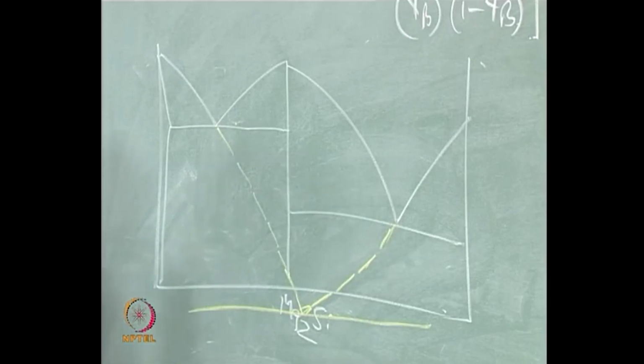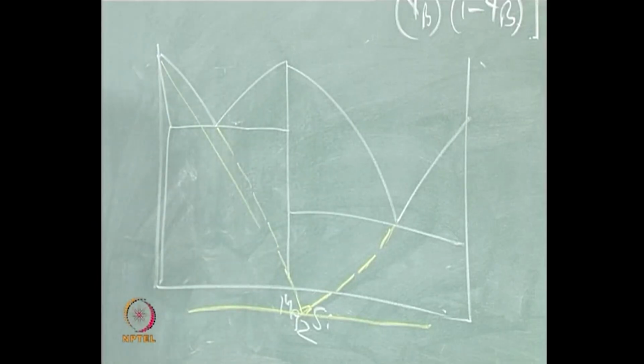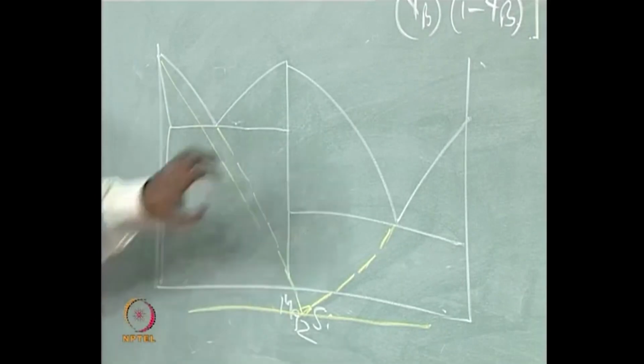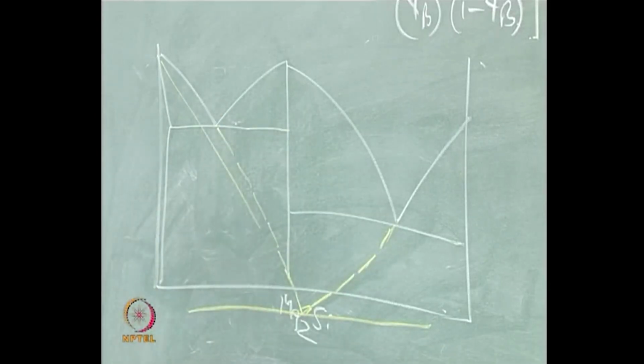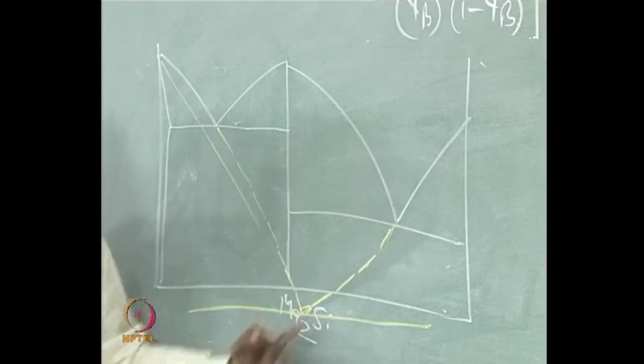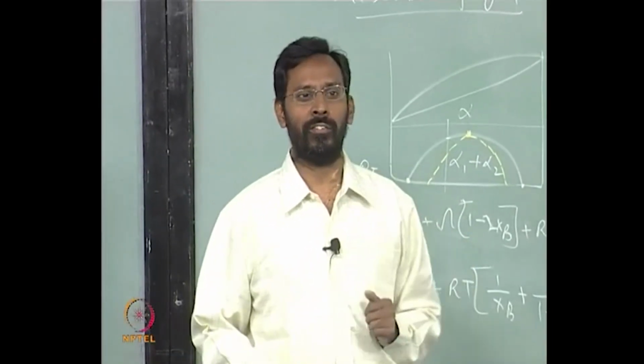Though I may say that, sir, if I do the T naught, the T naught is not really very sharp, not very deep, it is shallow, but in spite of that you would see that you will get a glass, because if this is removed, then you get a different metastable phase diagram, and in that metastable phase diagram the eutectic may be very deep. So this is how you can see, the moment you see a deep eutectic, whether it is in the stable phase diagram or in a metastable phase diagram, then there is a tendency for the formation of a glass.